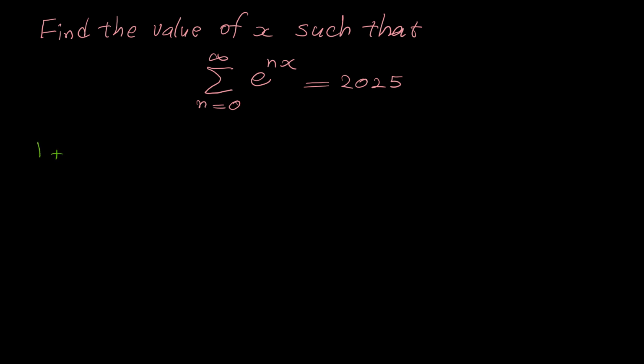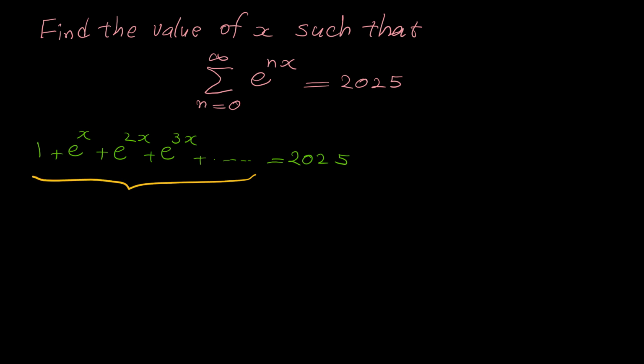If you plug in 1 for n, the next term is e to the 1x, or e to the x. What is the next term? e to the 2x, e to the 3x, and it goes on to infinity. We want to find the value of x such that this sum on the left equals 2025.